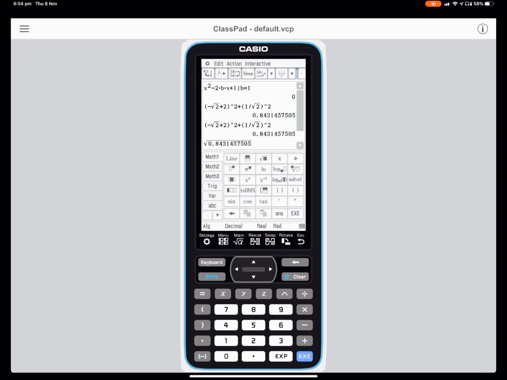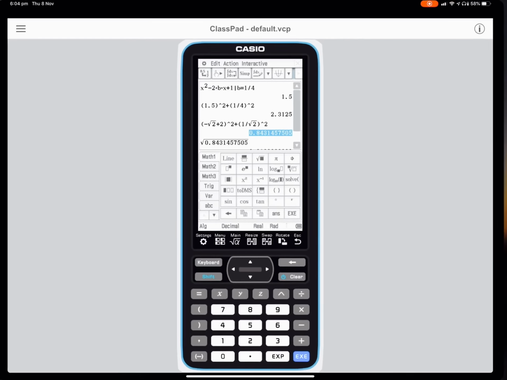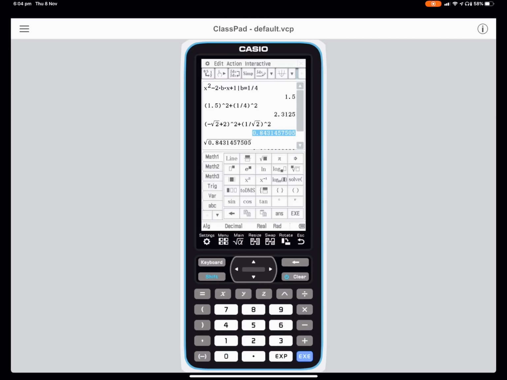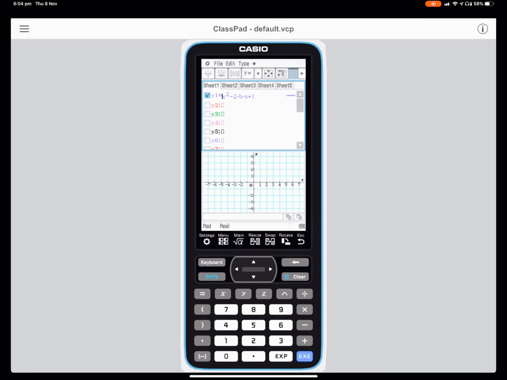If b was a quarter, so I'd get 1.5. Then I'd get 1 on 4. So if b equals a quarter, y equals 1.5. Was that right? Go back on. b is a quarter.